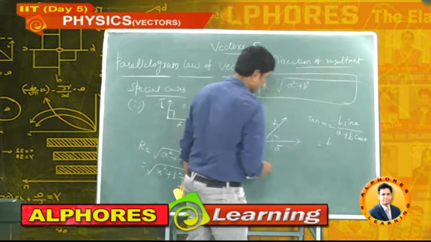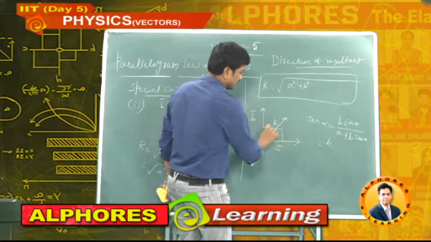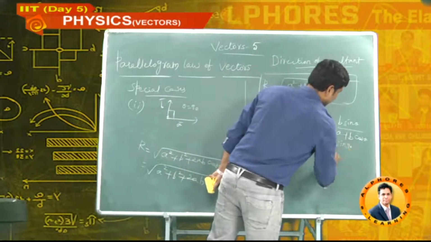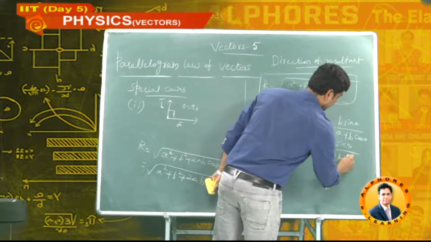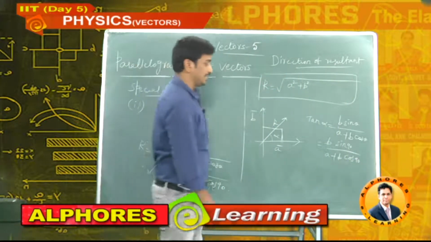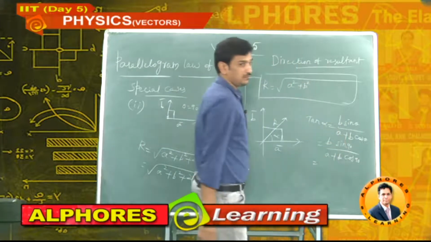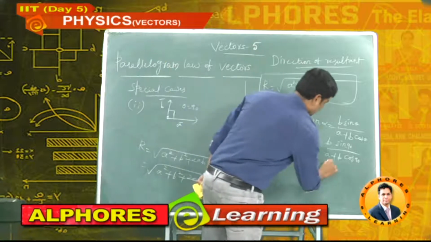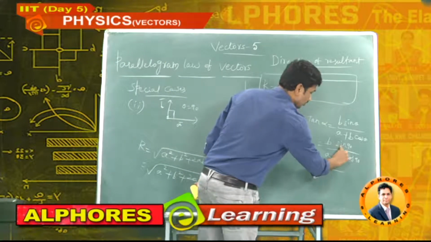B as it is. What is the theta? Theta value 90. Sin 90 divided by A plus B into cos 90. What is the value of sin 90? Sin 90 value 1. B into 1, 1.